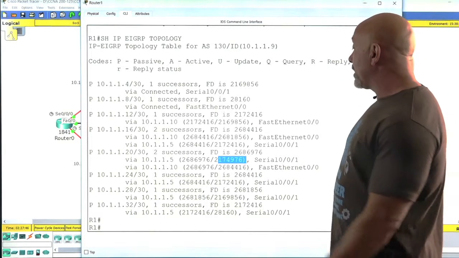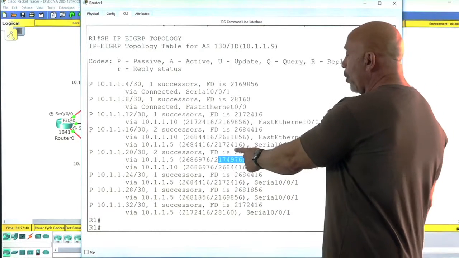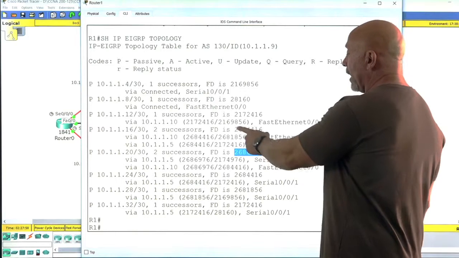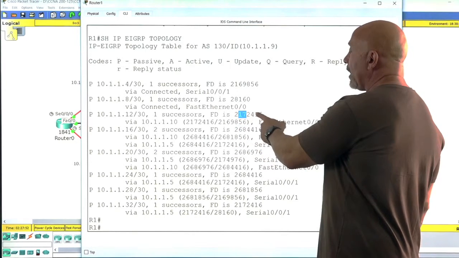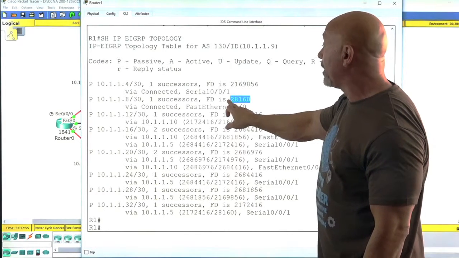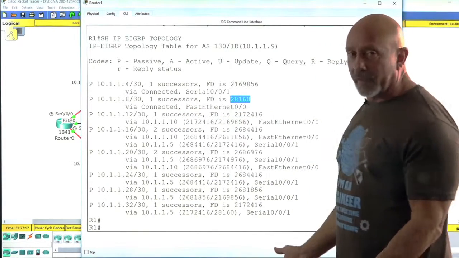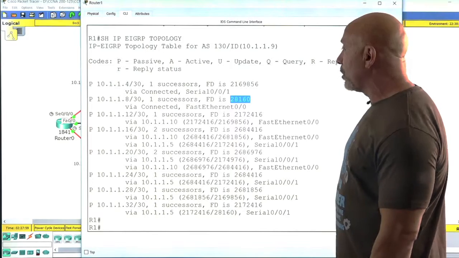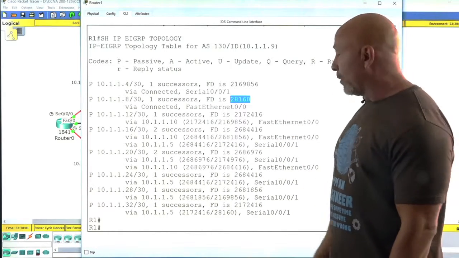But you can see that the feasible distance will change throughout each particular network it goes to, and you can see how small this number is because it's via a connected interface. So the feasible distance will definitely be shorter because it's advertised from your neighbor router.